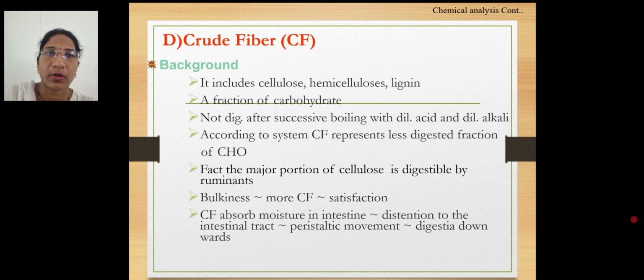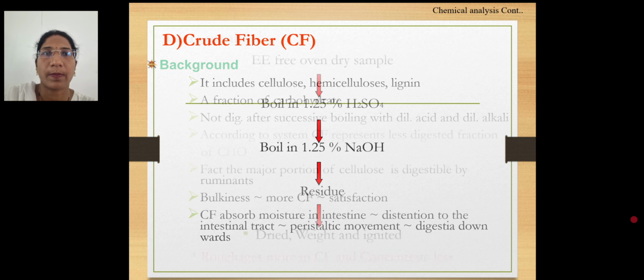According to this, CF represents the less digestible fraction of CHO. In fact, a major portion of cellulose is digested by ruminants. Bulkiness is more, so crude fiber gives satisfaction. The crude fiber absorbs moisture in the intestine, then causes distension of the intestinal tract and peristaltic movement, that is, digesta moves downward.